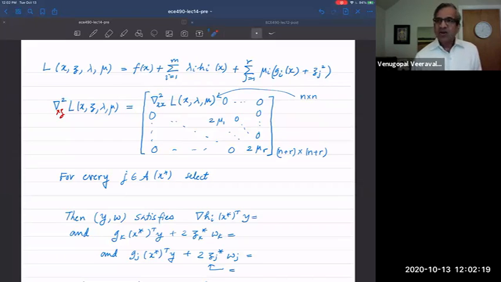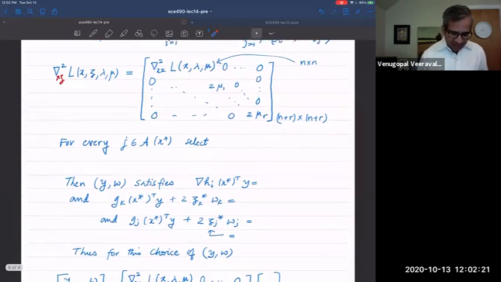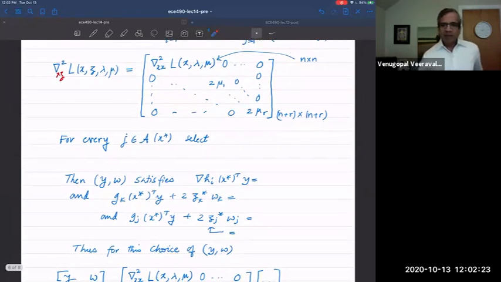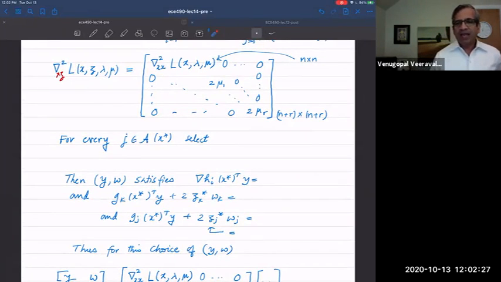All right. So now let me take every j belonging to the active set. For every j belonging to the active set, I'm going to make different choices for y and w, and use that to establish that mu j is non-negative.